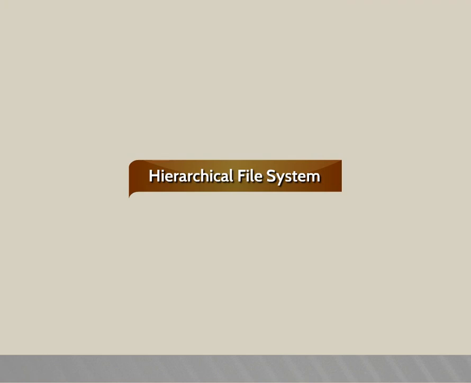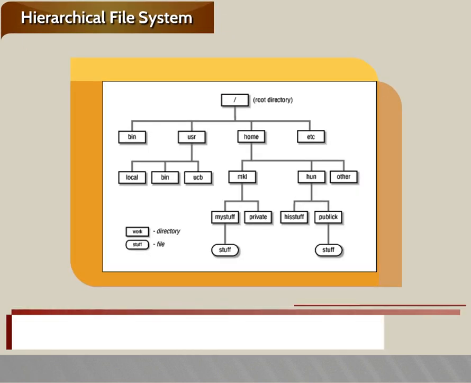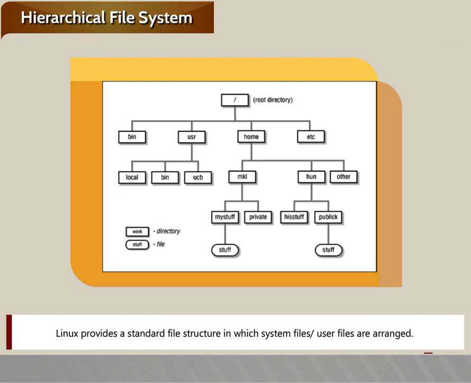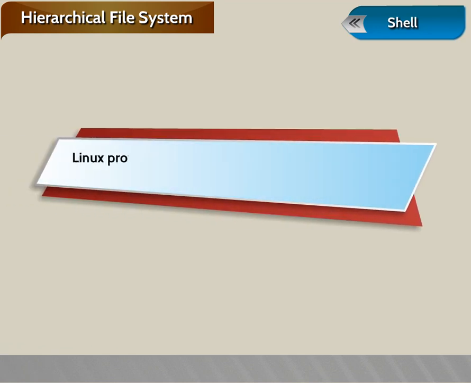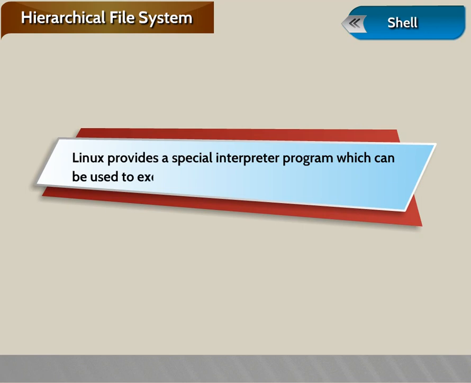Hierarchical file system. Linux provides a standard file structure in which system files or user files are arranged. Shell. Linux provides a special interpreter program which can be used to execute commands of the operating system.